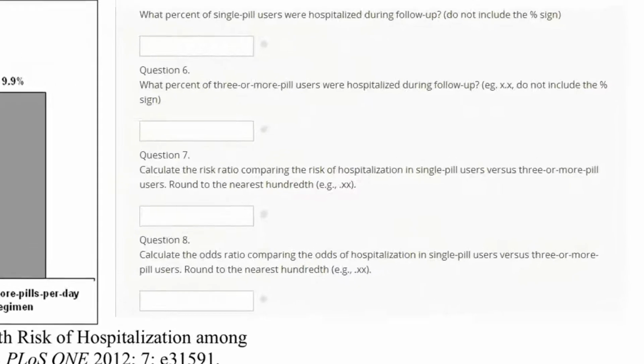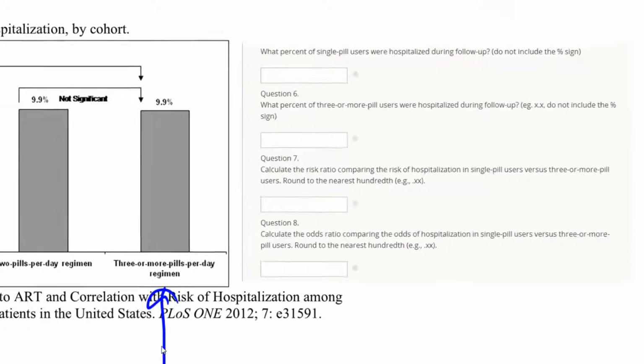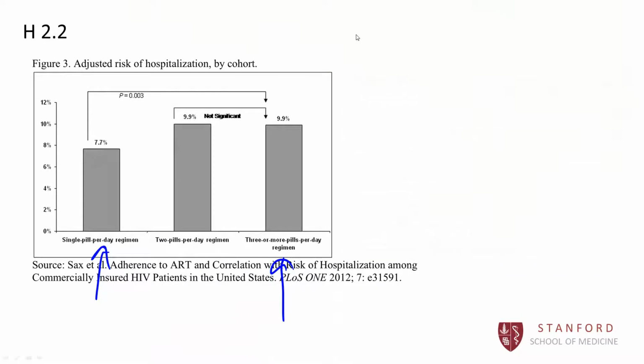So this next part is asking us to calculate the odds ratio, comparing the odds of hospitalization in the single pill per day regimen versus the 3 or more pill per day regimen. And if you remember, the odds is defined as the probability over 1 minus the probability.